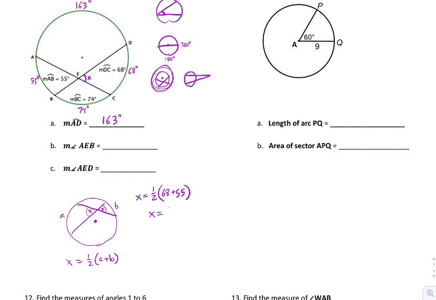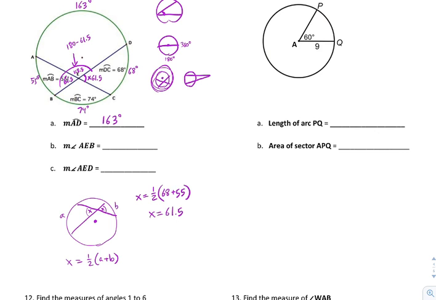So that angle is 61.5. Does the question ask for that angle? Well, once I have that 61.5, I could say it's the same 61.5 on the other side. And since this is a straight line, this angle is just 180 minus 61.5, which is 118.5. You could use a calculator for that.